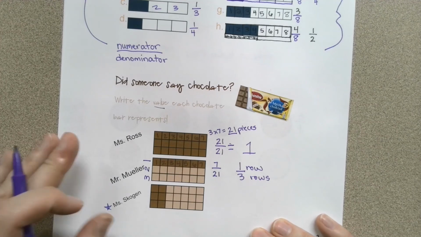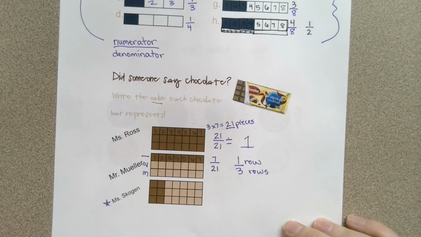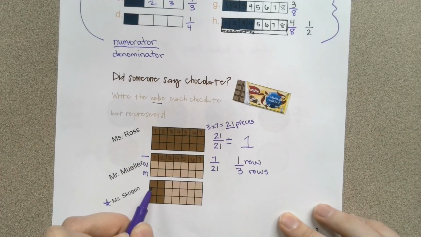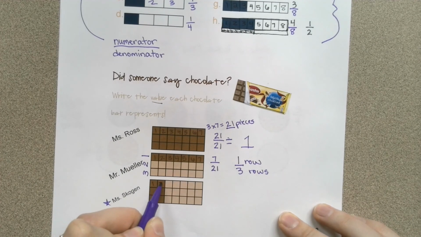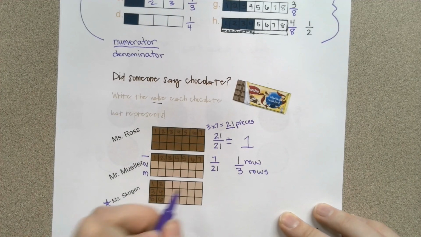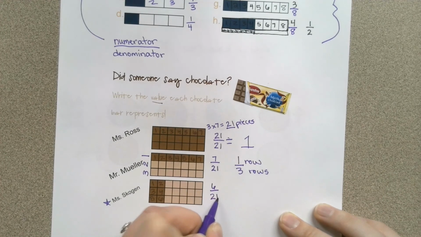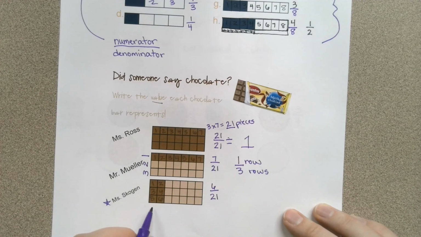When you look at my candy bar, we can again look at it as individual pieces. There are 1, 2, 3, 4, 5, 6 pieces still left. And we know that in all, the 7 times 3 is 21 pieces. So that's one way to represent it. We can also look at it in terms of columns.